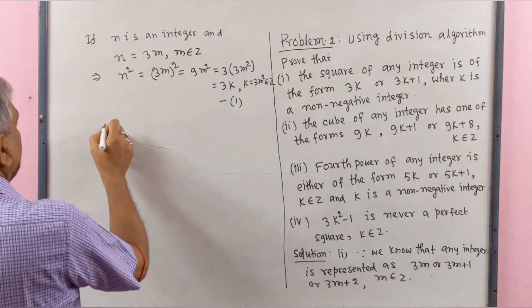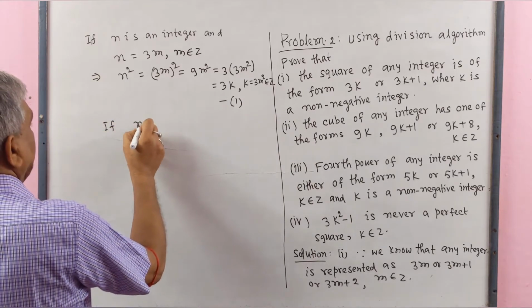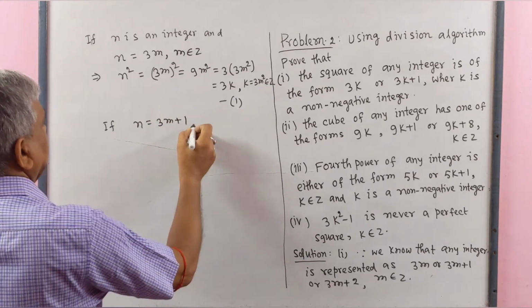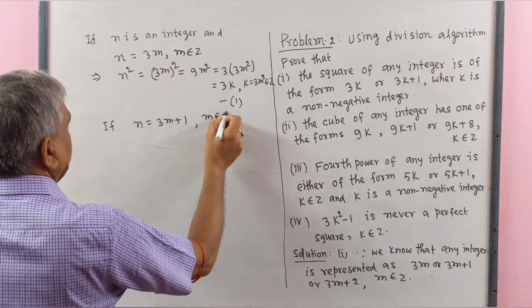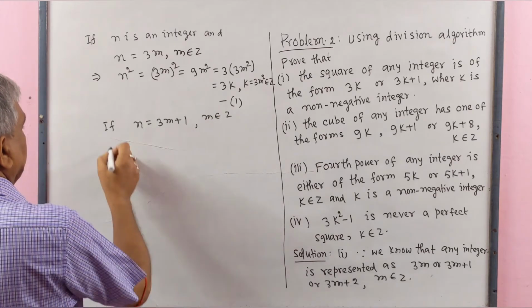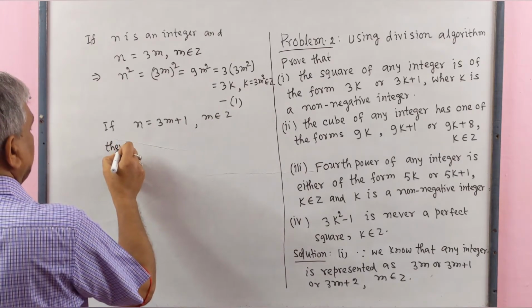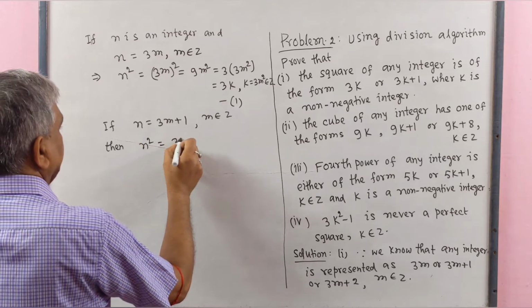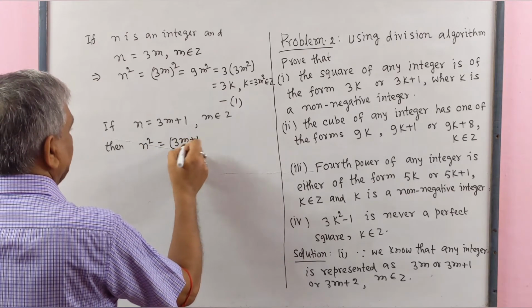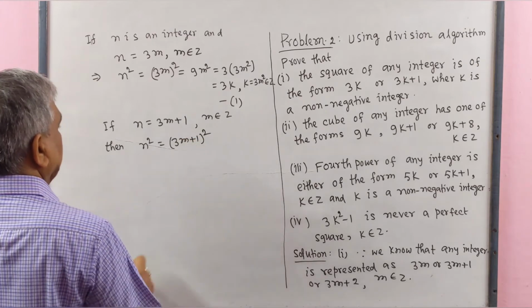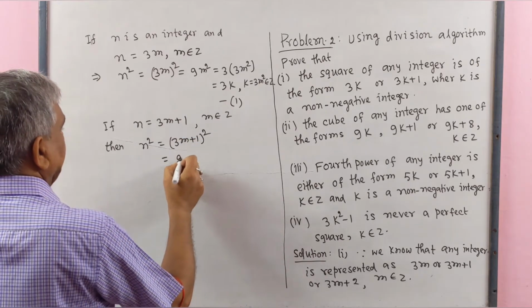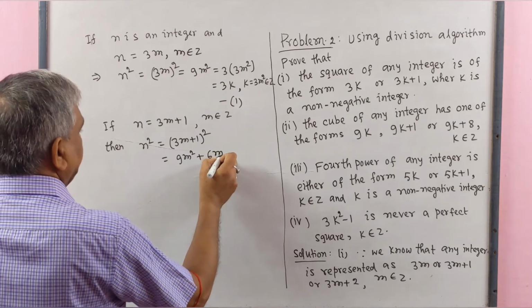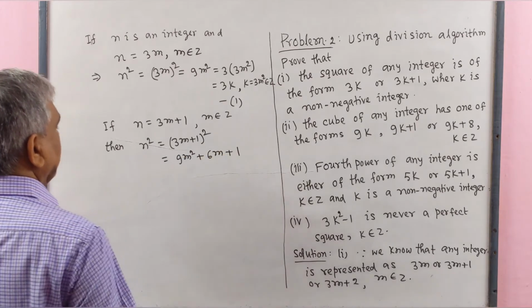If n equal to 3m plus 1, m belongs to Z, then n square equal to 3m plus 1 whole square. This is equal to 9m square plus 6m plus 1.